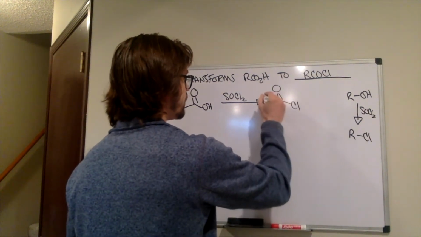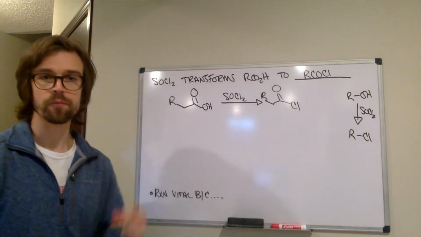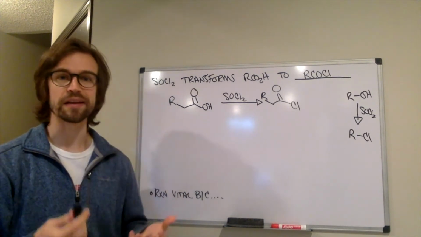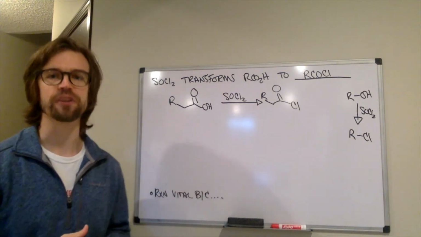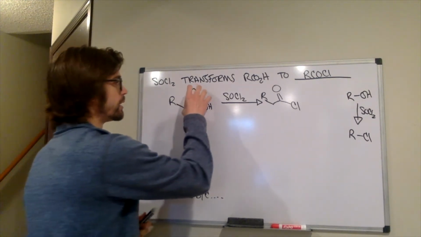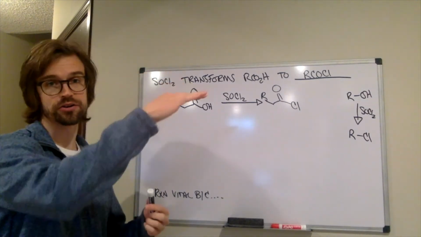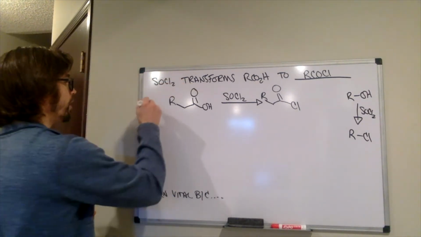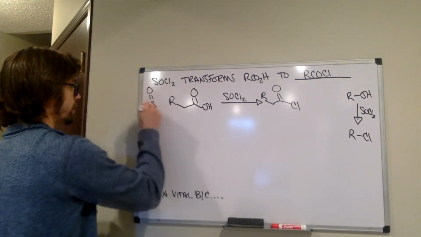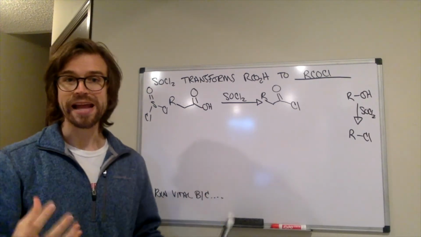And you kind of have to think about more than just this functional group, right? Usually we're thinking about the organic molecule going downhill in energy, but we have to think about the whole system. Technically, going from a carboxylic acid to an acid chloride is uphill in energy, right? We're going to a more reactive carbonyl derivative. But what we also have to think about is this reagent, thionyl chloride, is a really reactive reagent.